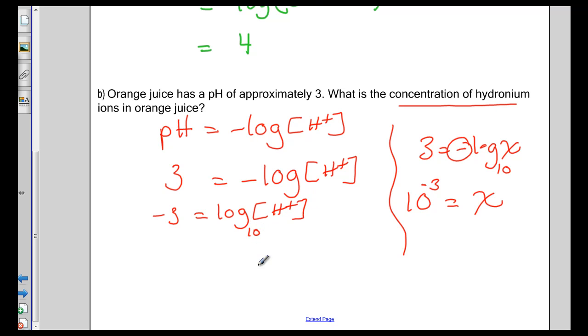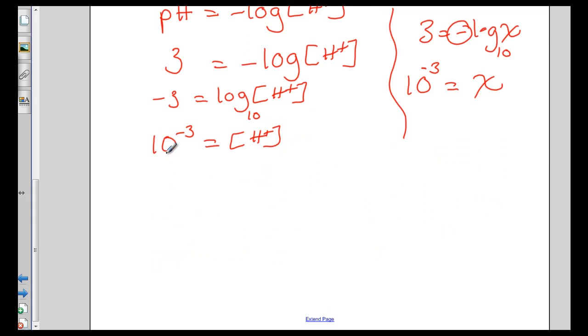This is a common log, so now we're going to change it to its exponential and solve for H positive or hydronium ions. 10 to the negative 3 is 0.001.